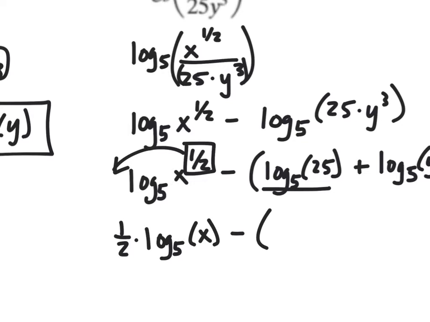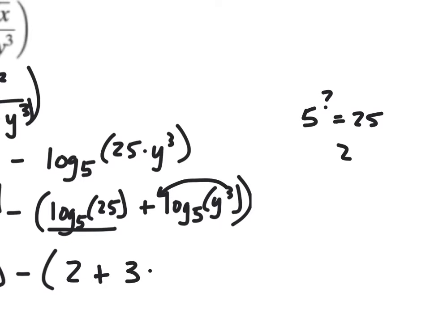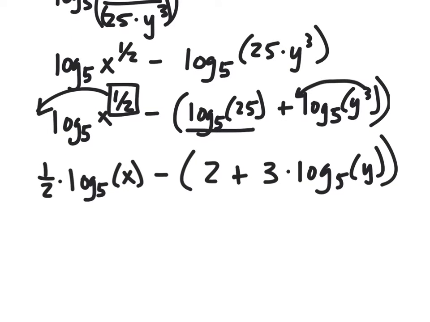now this part here, log base 5 of 25. Now remember, we can evaluate that. 5 to the what power gives us 25? That's going to be 2. So I'm going to replace this with 2, plus, and then I'm going to bring out my 3 here, and we get 3 times log base 5 of y. Now, I would just keep it like this.